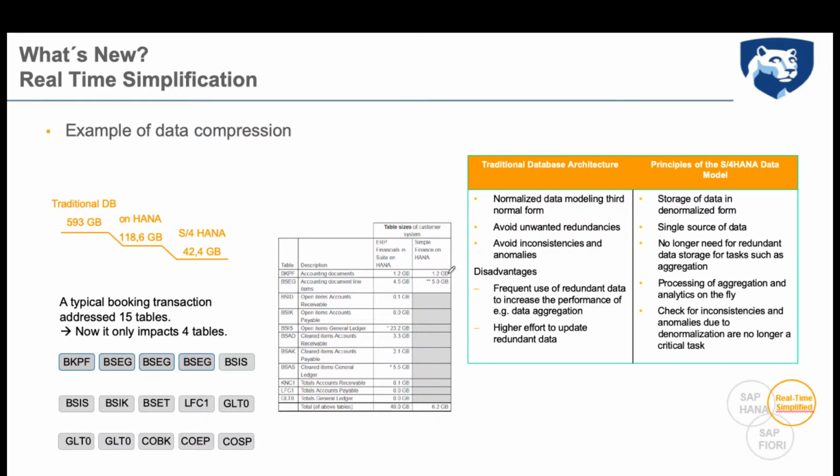A traditional database would store information using 593 gigabytes. With the previous version of SAP, this would have required 118 gigabytes.